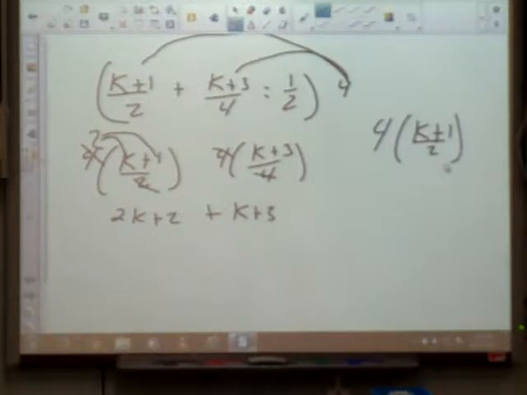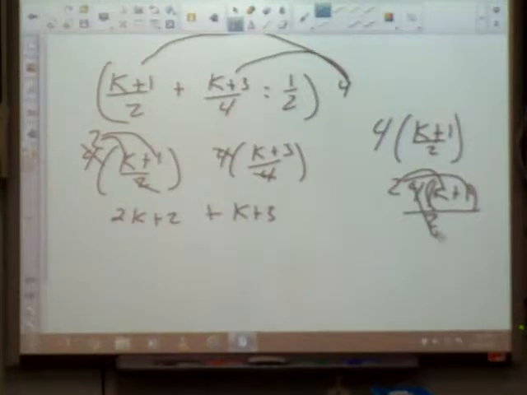Or you got that 4 from the 2s and the 4? Right, the common denominator, good. So when I multiply this by 4, Keston, that's 4 on the top and a (k plus 1) over 2. 4 over 2 is the same as 2. So then I just distributed my 2 to both of them.